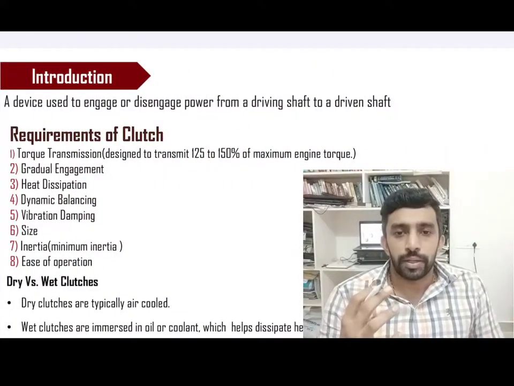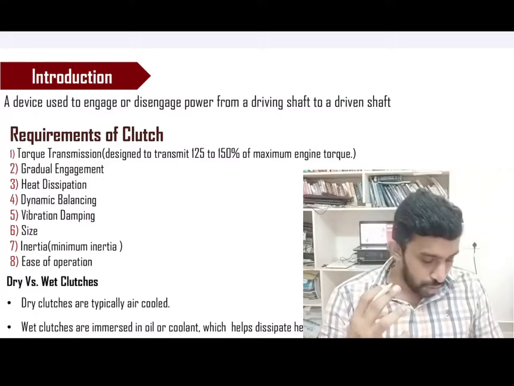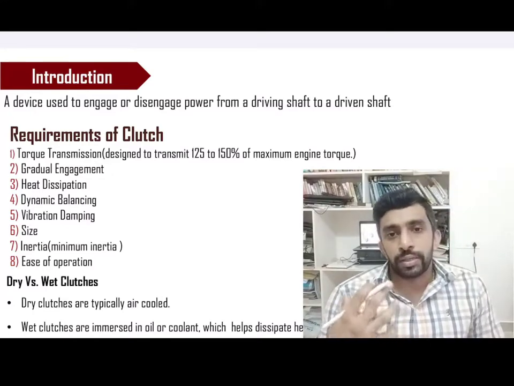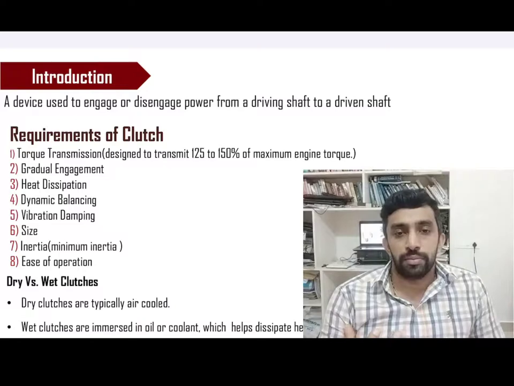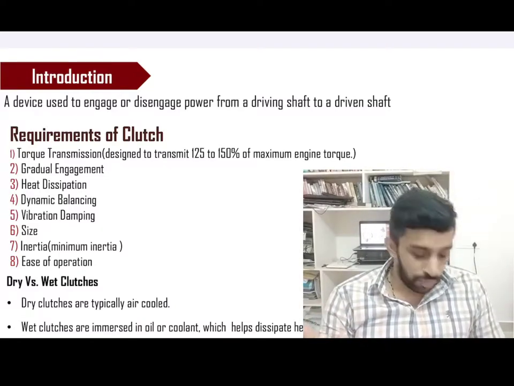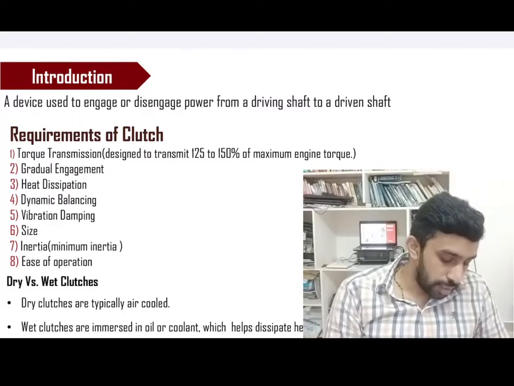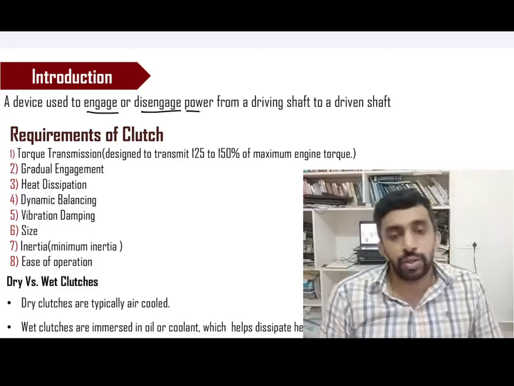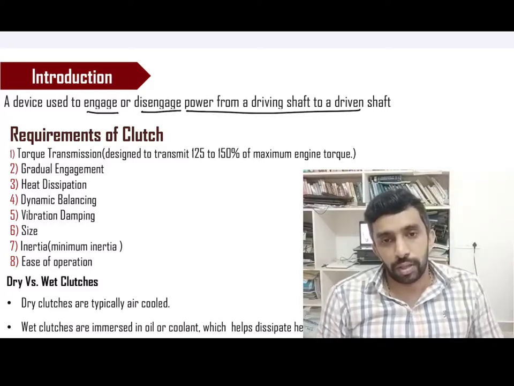So basically, the main function of a clutch is to engage or disengage the motion, circular motion. That's the basic requirement of a clutch. So it is stated that a device used to engage or disengage power from a driven to a driver shaft. This is how it is being defined.